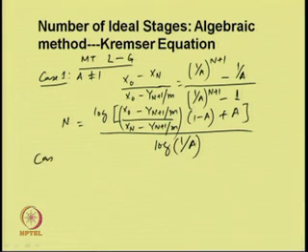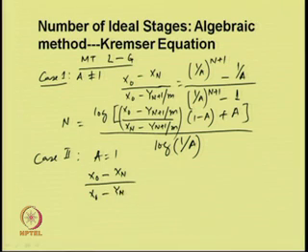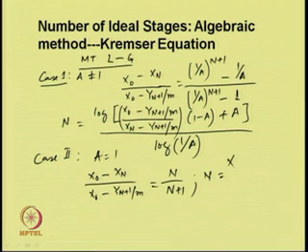Now, for case 2, A equals 1, we can write x naught minus x n divided by x naught minus y n plus 1 by m will be n by n plus 1, and n is equal to x naught minus x n divided by x n minus y n plus 1 by m.